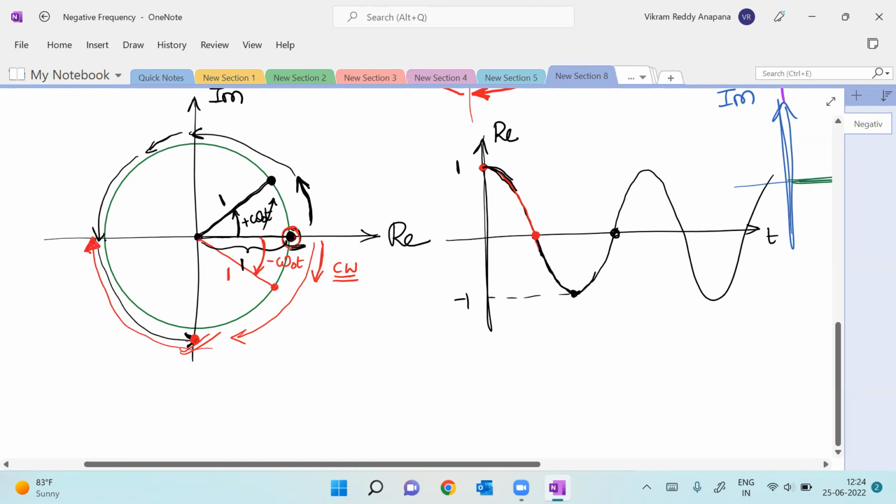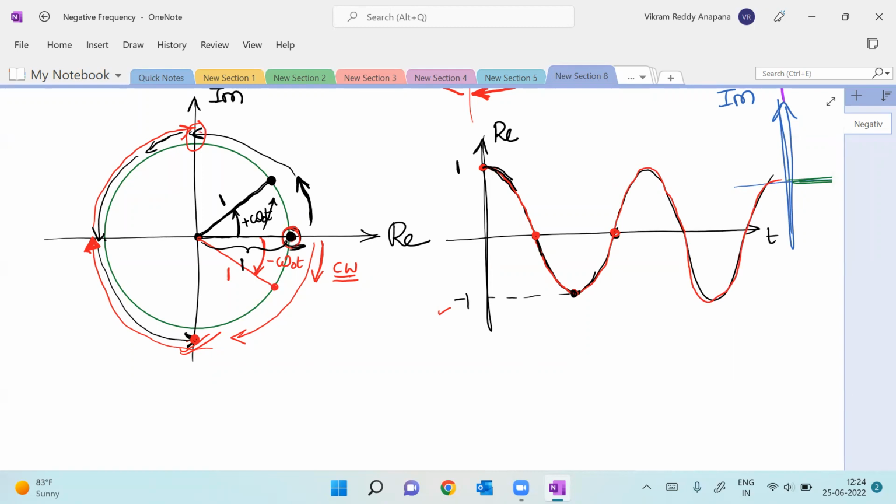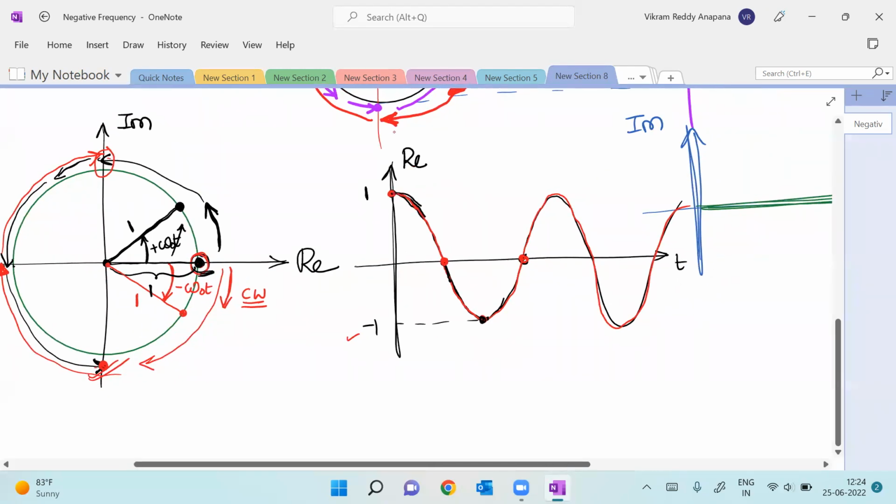Again from here to this, the imaginary component is there, the real component is 0. And again you're coming like this. So that's it. This is what you have. From this, the black wave and red wave got superimposed. And what we can say from this is that they are exactly in phase.